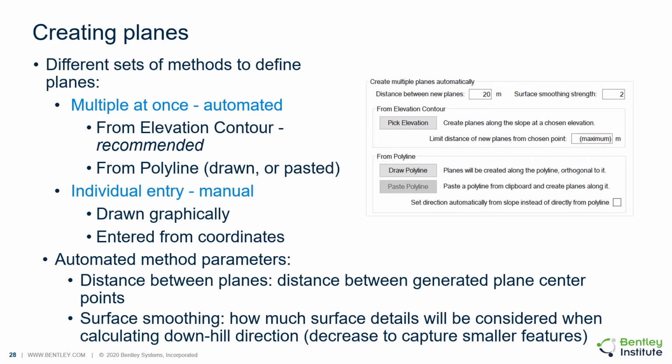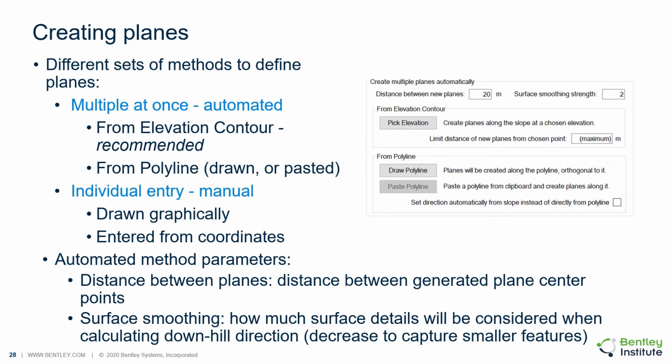There are two primary methods for entering analysis planes. The user can enter multiple planes at once from either an elevation contour, which is probably the most common, or based on the entry of a polyline drawn across the topology of the model. It is also possible to enter individual planes on a model by drawing them graphically or entering the plane from coordinates.